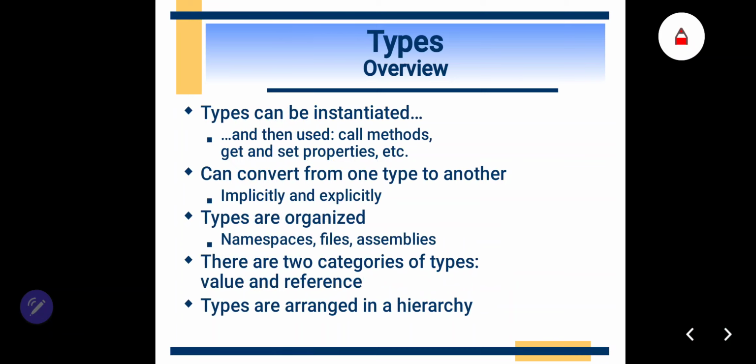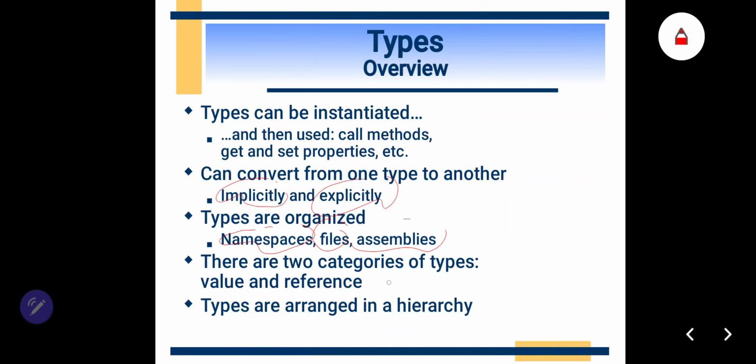Types can be instantiated and then used to call methods, get and set properties. You can convert from one type to another, implicitly and explicitly. Types are organized in namespaces, files, and assemblies.